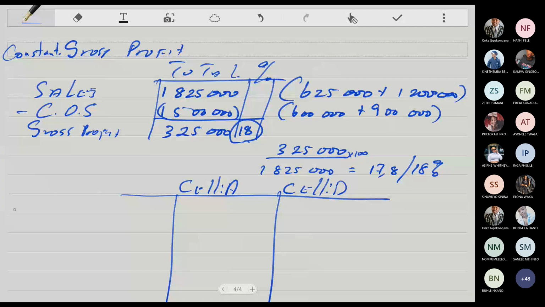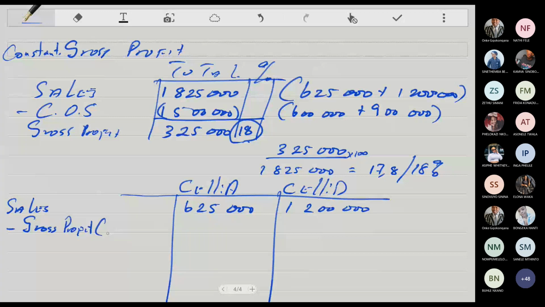We first take the sales according to each product. The total estimated sales in product cell A is 625,000 and 1,200,000. So we say minus gross profit.